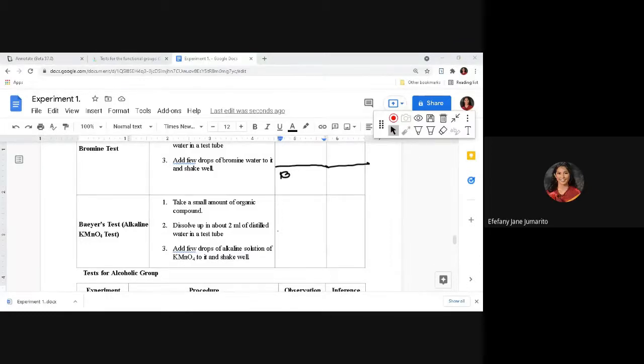Okay, you read that as potassium permanganate, KMnO4, one more time. Add a few drops of alkaline solution of KMnO4 to it. Potassium permanganate.